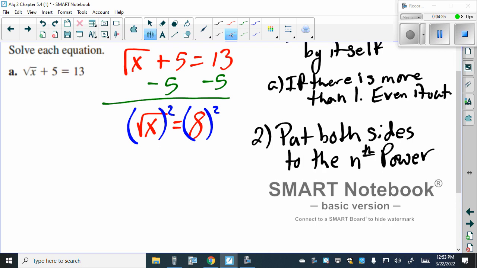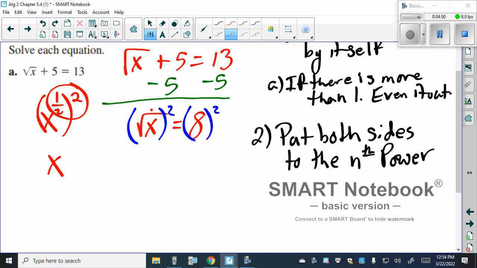Now, realistically, what we're doing with this, which we don't really state, is that the square root of x is really the same as x to the 1/2. Or the nth root of a to the x, rewriting it as a fractional exponent. And when we apply that power of 2, we're really just multiplying 2 and 1/2. 2 times 1/2 is 1, so we just have x.